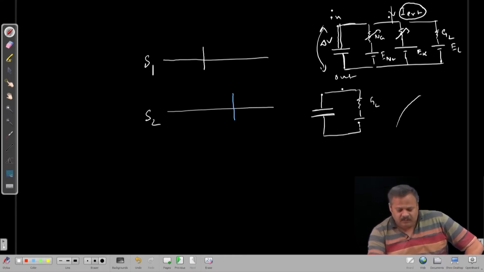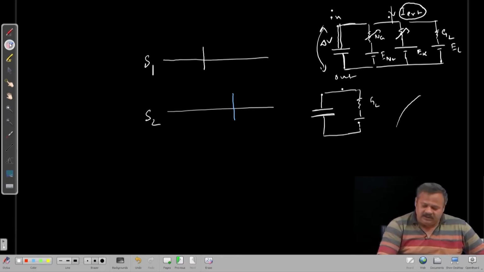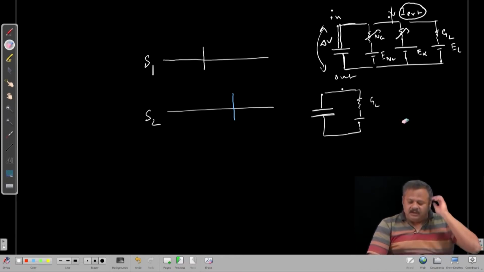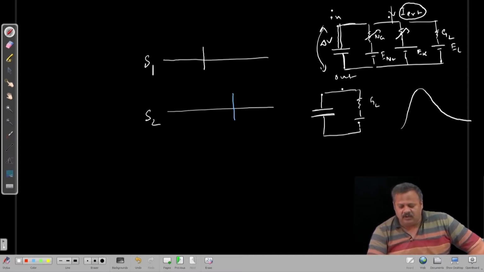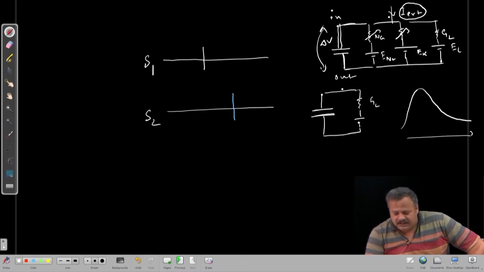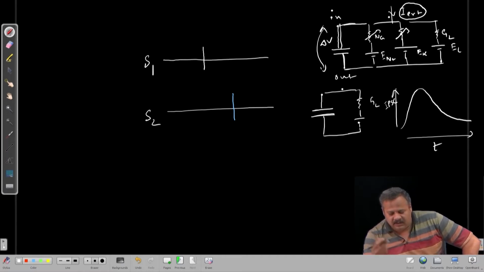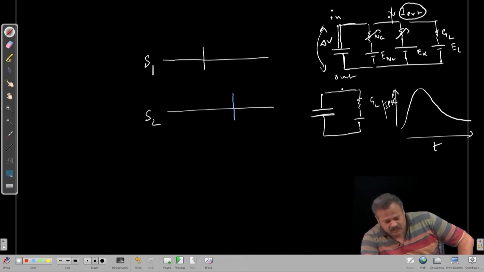And in the postsynaptic response, after it increases, there is a decay based on the time constant. So, this is time, and let us say this is the IPSC or EPSC in the other direction, or absolute EPSC, let us say.